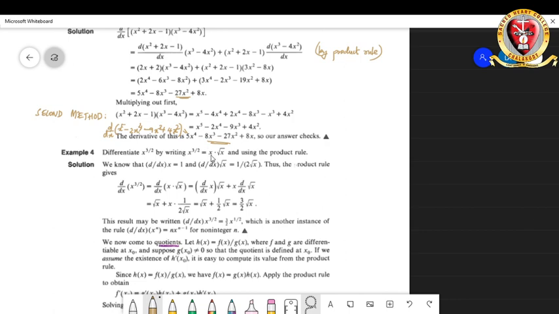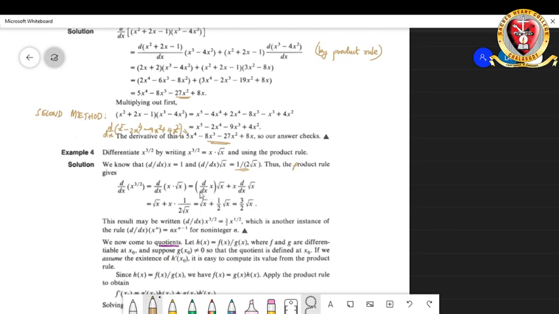You have to keep this in mind. We had proved the same in the earlier sections. So by the product rule, d by dx of x raised to 3 by 2 is equal to d by dx of x into root x, which is equal to the derivative of the first function into the second function plus the first function into the derivative of the second function.